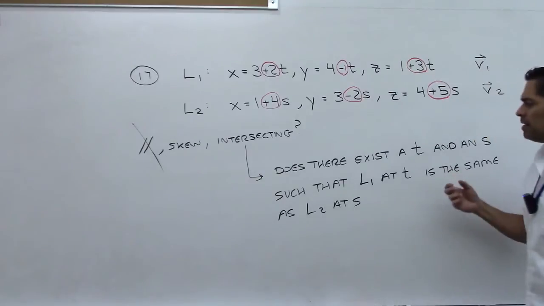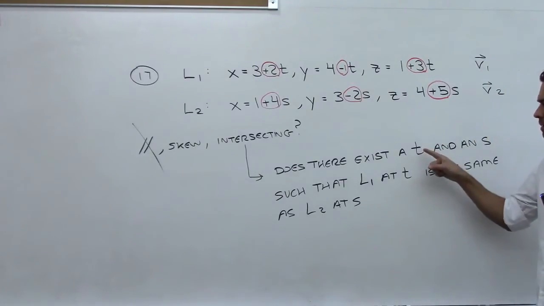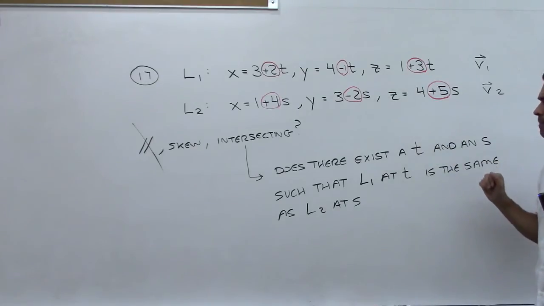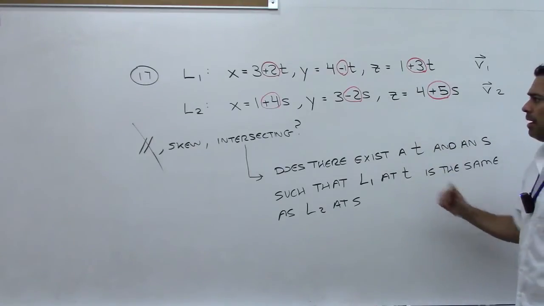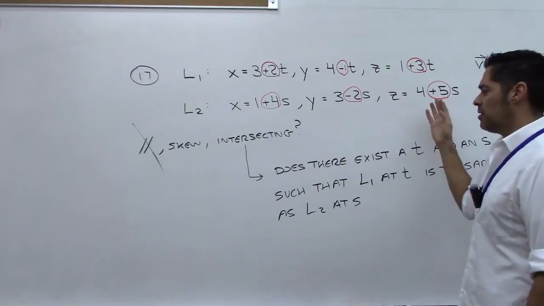So is there some point in time, t, right, or some value of t, that when I plug it into L1, it matches with L2 for some value of s?